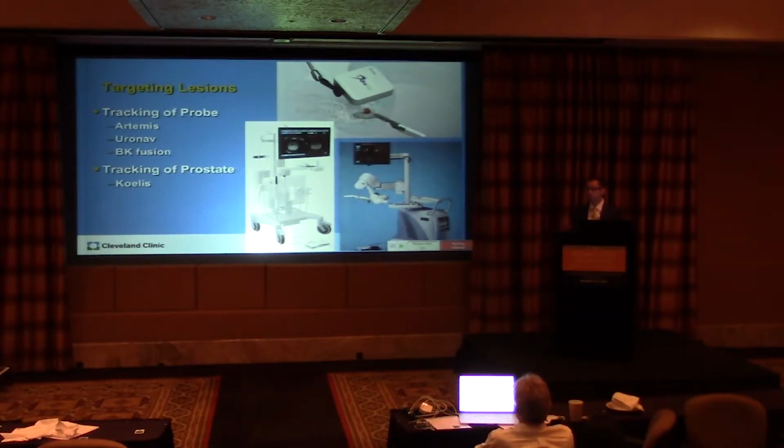And they all have their pros and cons. There's a significant learning curve with all of these. They're operator dependent, and there's a little bit of subjectivity, as those who perform these biopsies know. So the technology is okay, but it needs to improve for it to be a little more automated and reliable.